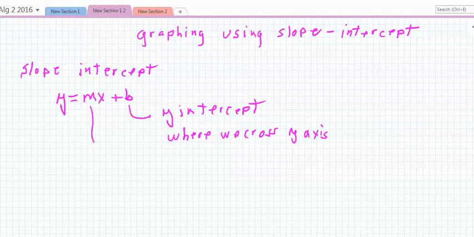And m is the slope, which we talked about yesterday.